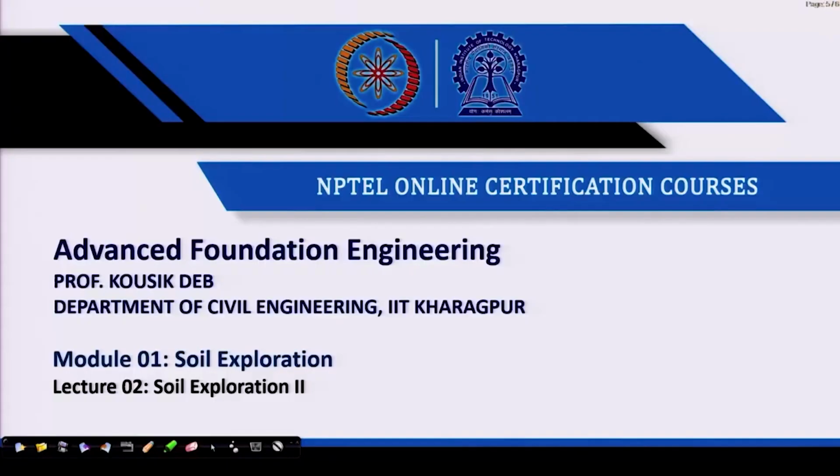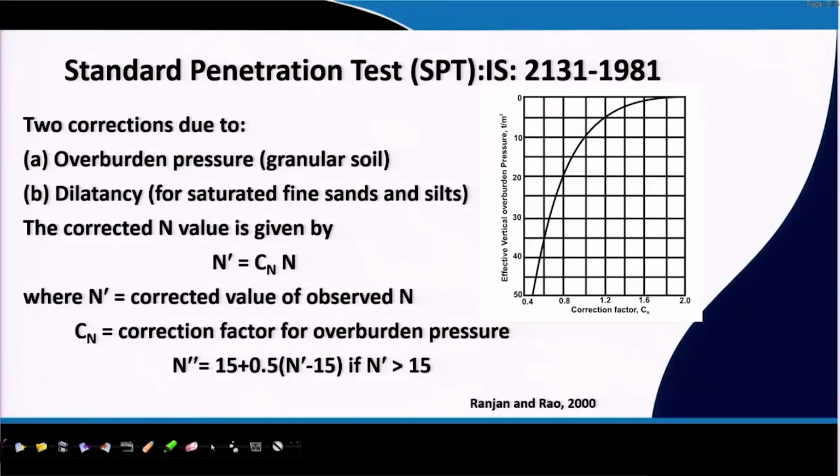Hello everyone. In the last class I discussed different boring techniques, then the test speed, and the SPT, standard penetration test, and the different corrections that we have to apply on the SPT value. As per the IS code, we have to apply the overburden pressure correction and the latency correction.